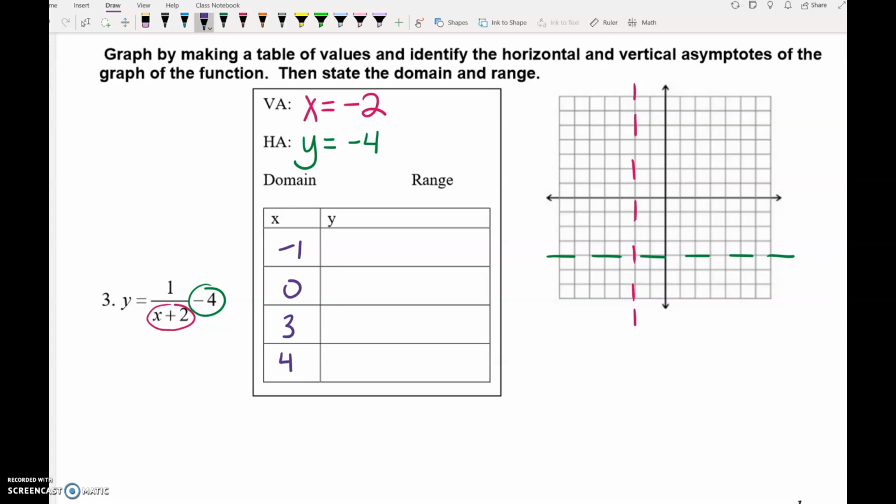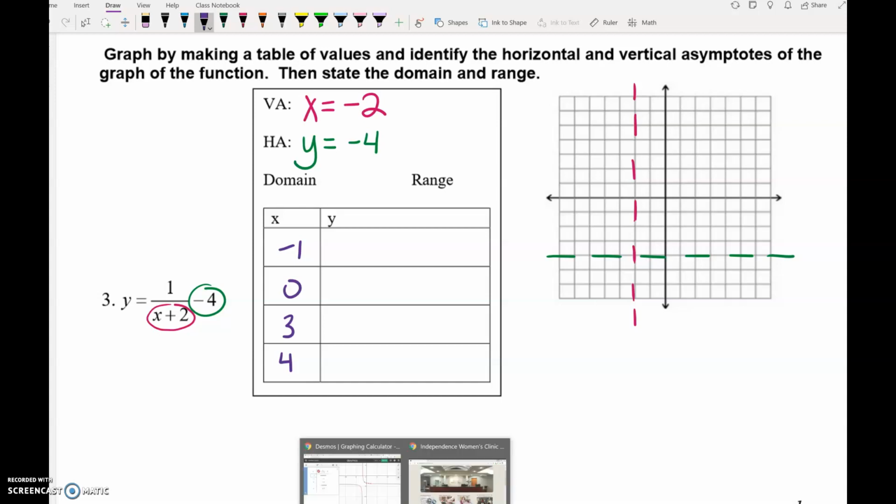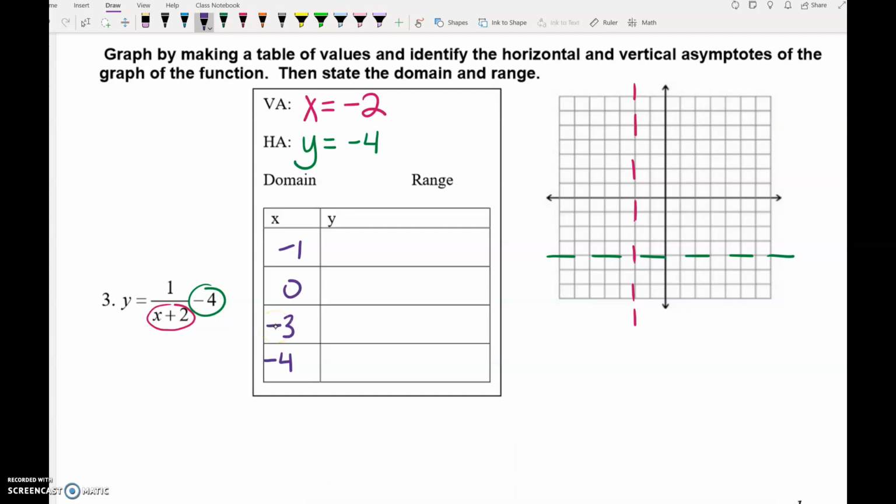So 2 values on the right side of that vertical line, 2 values on the left side, and then Desmos can tell me what those numbers are.